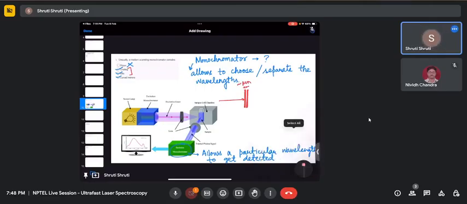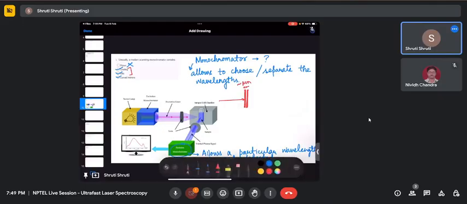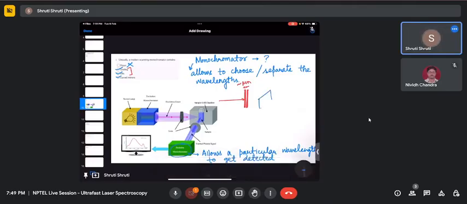This also depends upon the type of the sample. If the sample is very emissive, we can keep only one scan or two scans, or simply one scan will work. But if the sample is not very fluorescent, the signal is very less, we have to average it more number of times. So averaging time should be long.